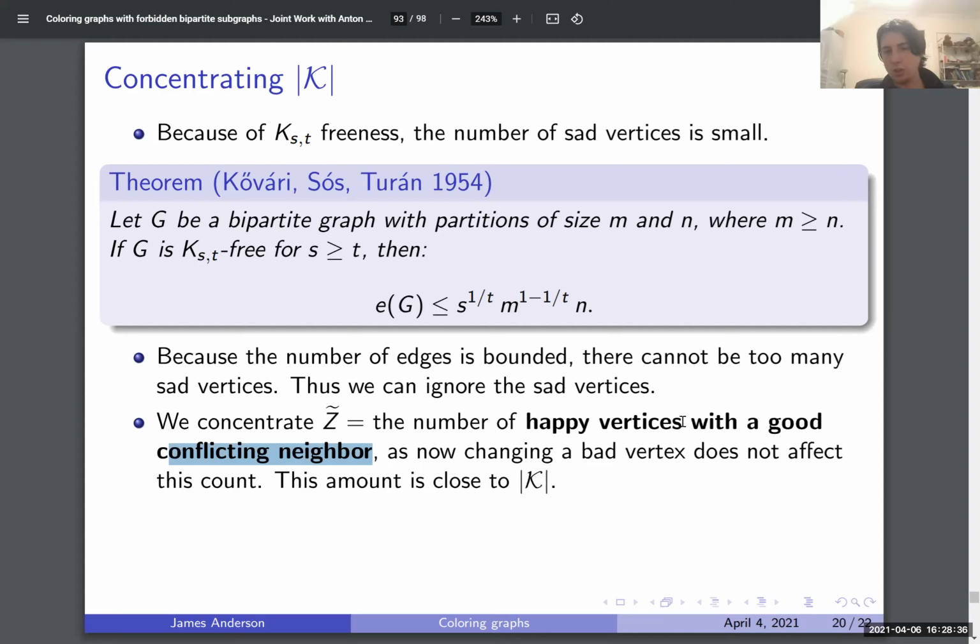And so it doesn't matter now the impact of these bad vertices. And because we've gotten rid of these sad vertices, the number of happy vertices with a good conflicting neighbor is relatively close to this amount. Okay.